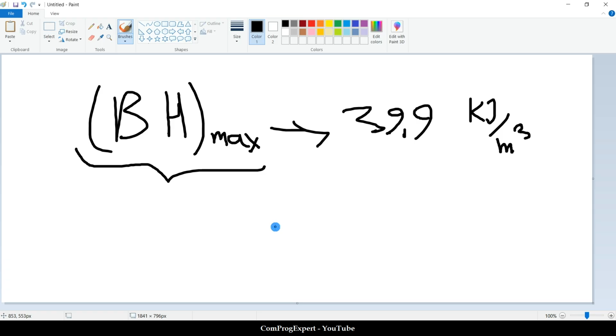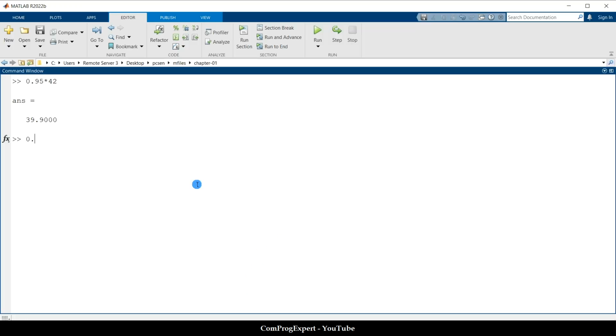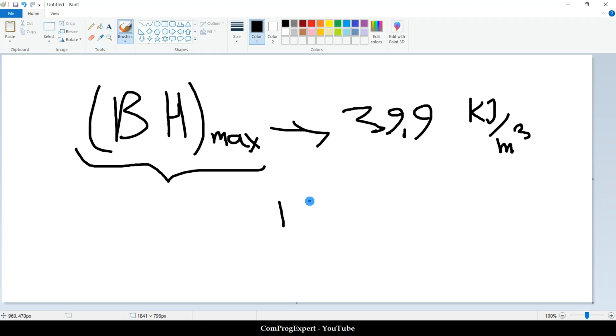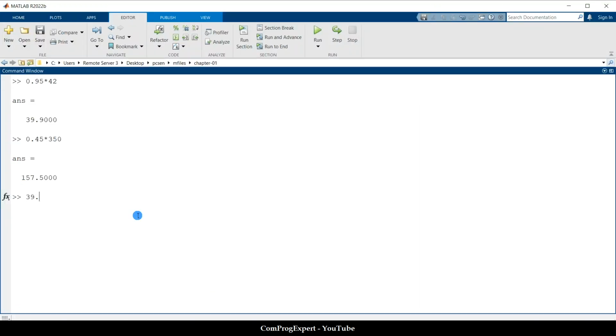So now let's calculate the maximum energy product for the samarium cobalt magnet. We should write here 0.45 times 350. As you can see, the energy product is 157 for the samarium cobalt. So what is the ratio of these two numbers? 39.9 divided by this one.